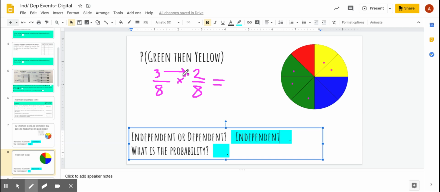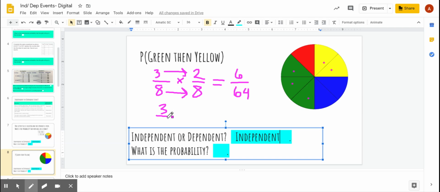So 3 times 2 is 6. 8 times 8 is 64. Remember, you do have a calculator if you don't remember that. Or we could have simplified here.